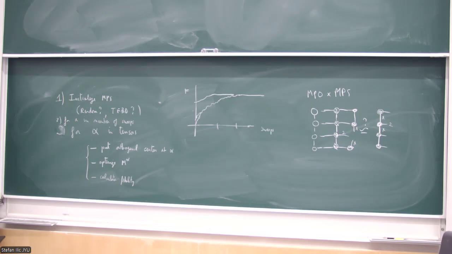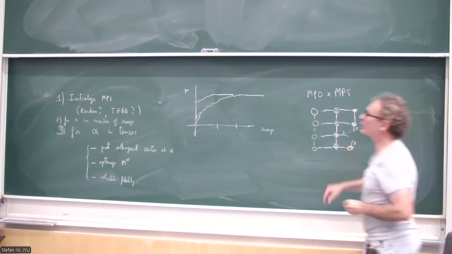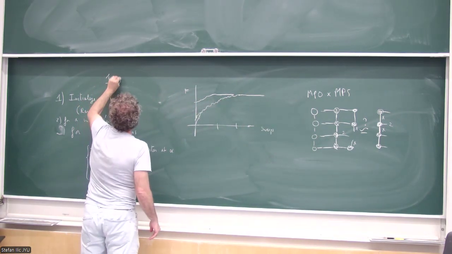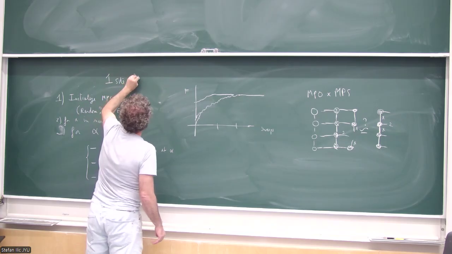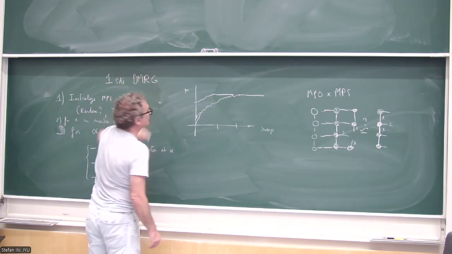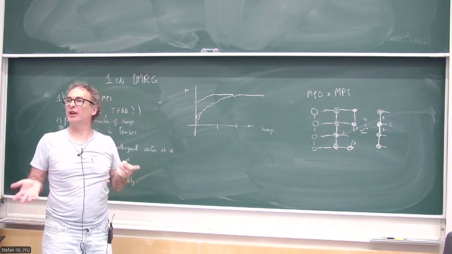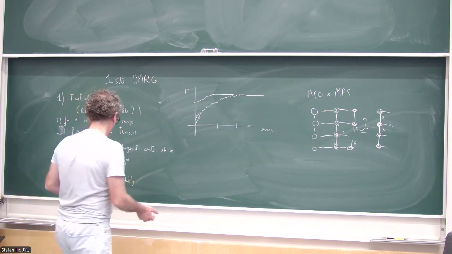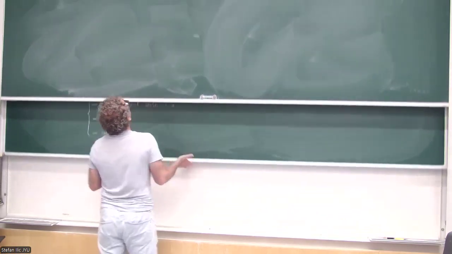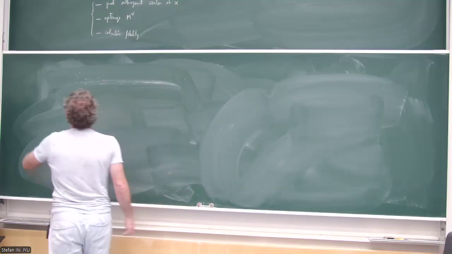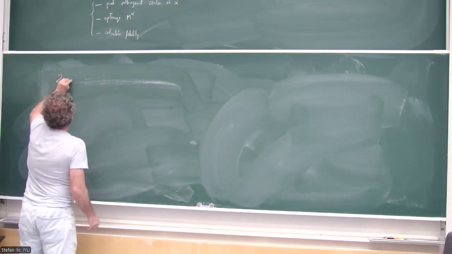The standard solution to that: the DMRG we have seen so far is called one-site DMRG. The standard DMRG is actually the two-site DMRG, which I'm going to explain now. Two sites.